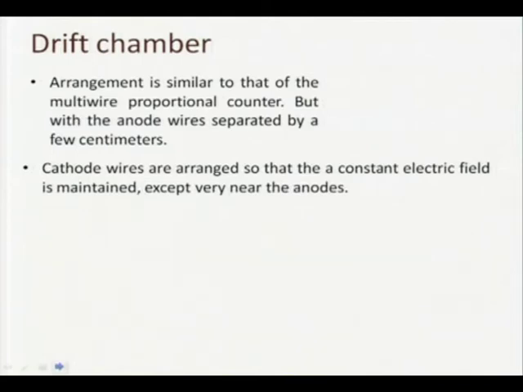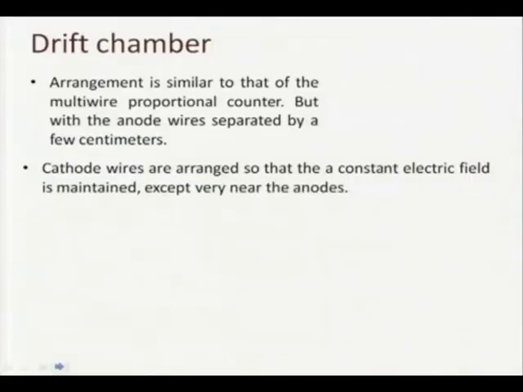And the difference is that in the case of the multi-wire proportional chamber, you do not have much time lag between the entry of the particle and the avalanche. So, the potential and the positions of the anode wires are such that the avalanche happens almost immediately.